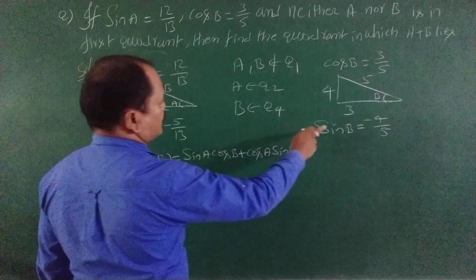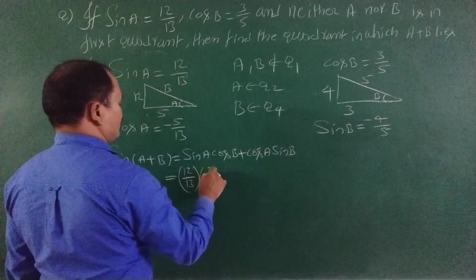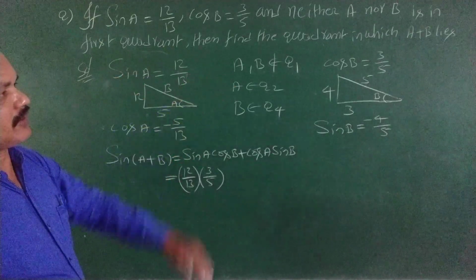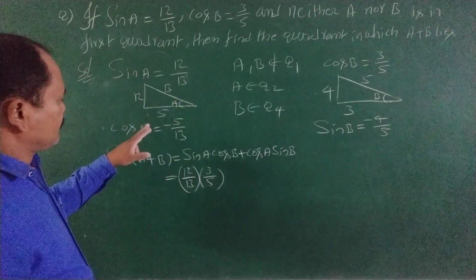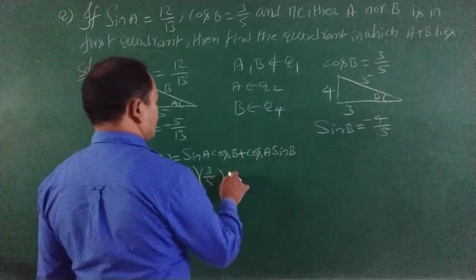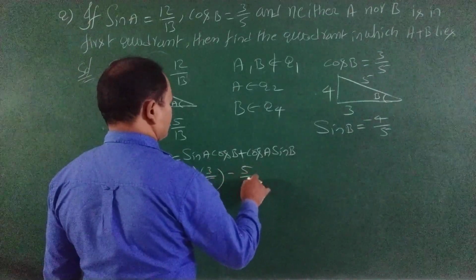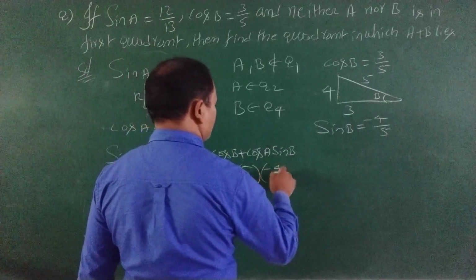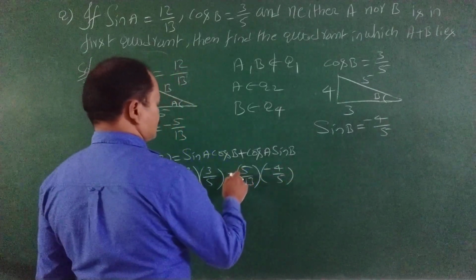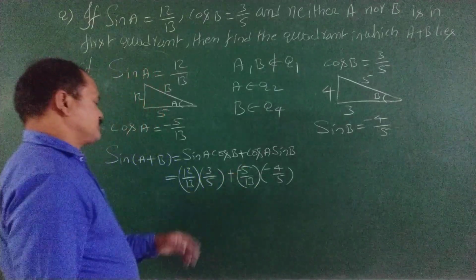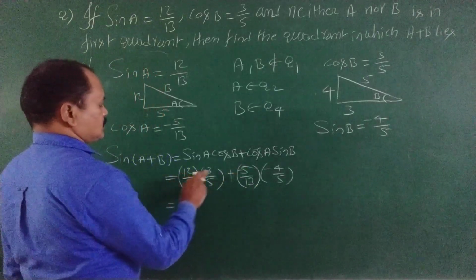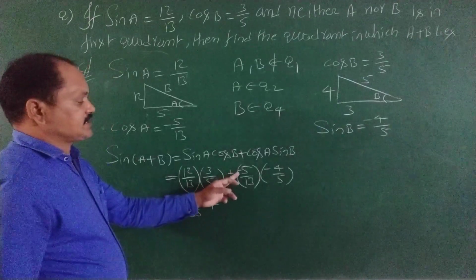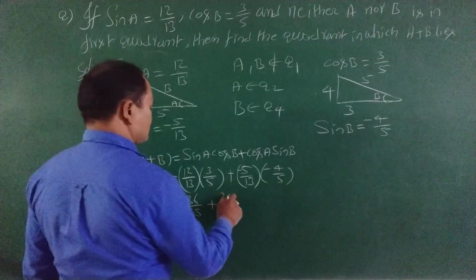What is cos B? 3/5. So 12/13 times 3/5, plus cos A, which is minus 5/13, times sin B, which is minus 4/5. Now observe, here it is 36/65, minus times minus is plus 20/65.